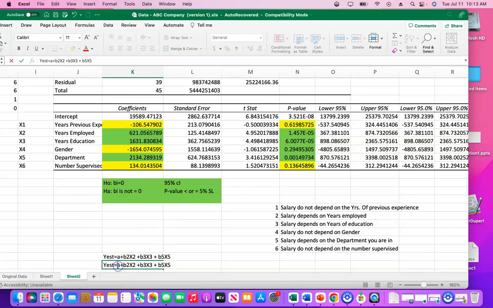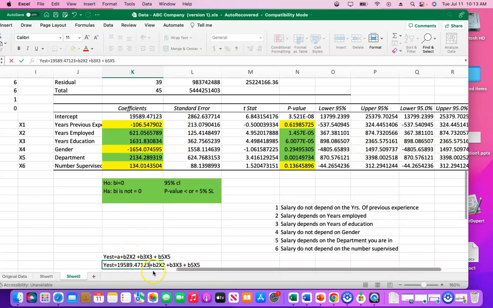And so in our y estimation, we're going to replace the coefficients. The coefficient here is the y-intercept, and it is 19589.47123.